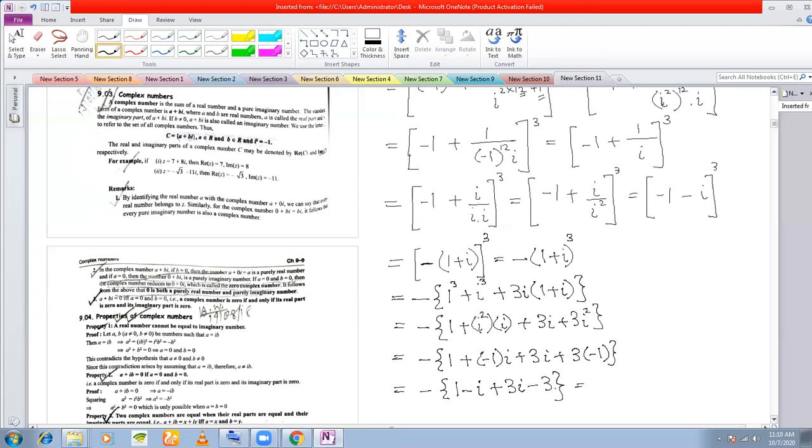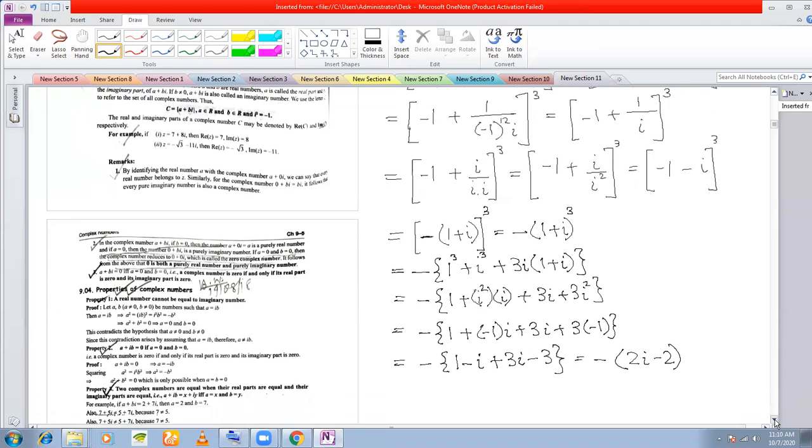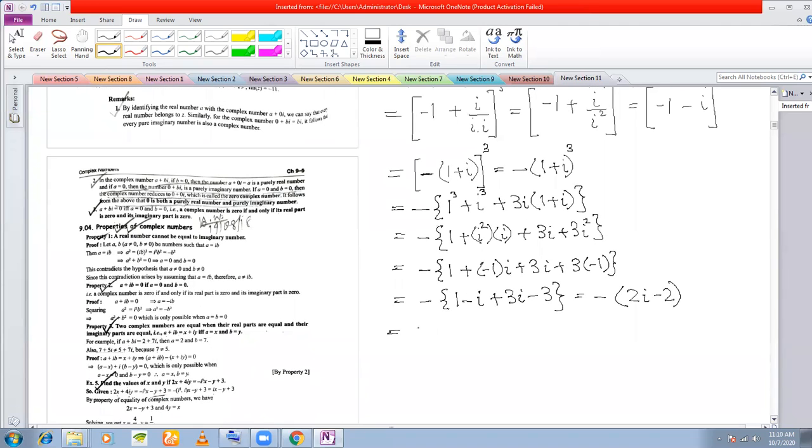Now if you simplify within the brackets, you get minus of 2i minus 2, which can be written as minus 2i plus 2, which is 2 minus 2i.